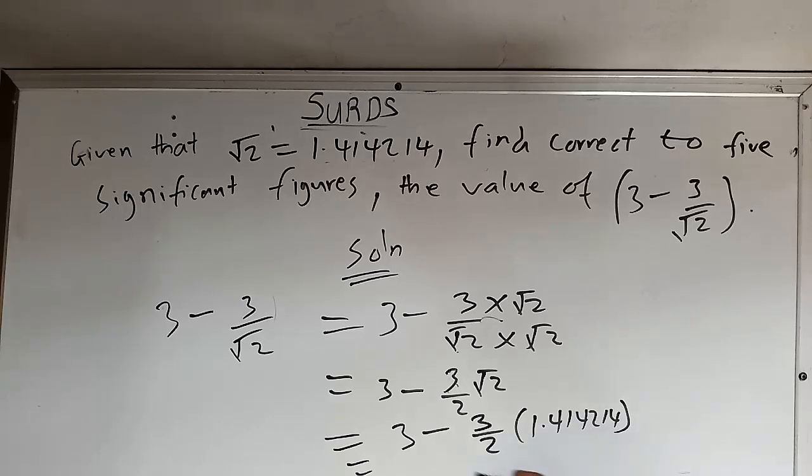If you simplify this, you get 0.87868. So this is the result correct to 5 significant figures: 1, 2, 3, 4, 5.